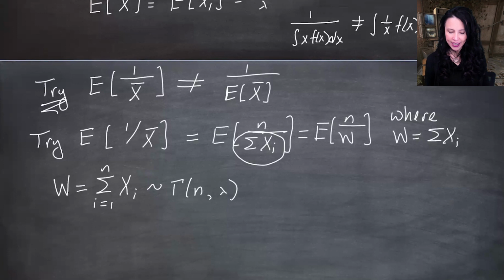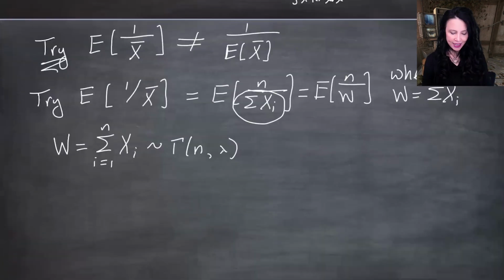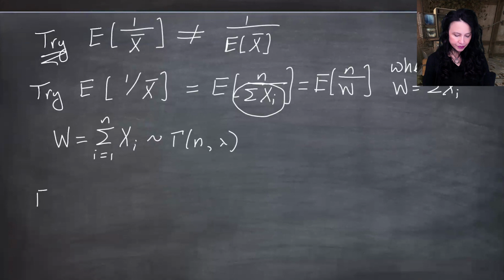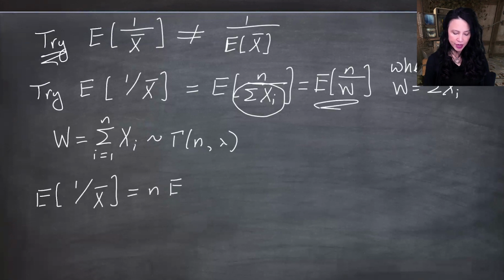Still, I know the expected value of the gamma, but I don't know the expected value of 1 over the gamma. So let's see what we can do. The expected value of 1 over x bar is this. I'm going to pull the n out. This is the expected value of 1 over w, where w has that gamma PDF.